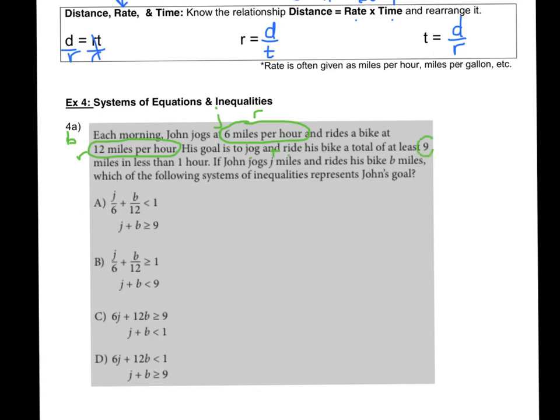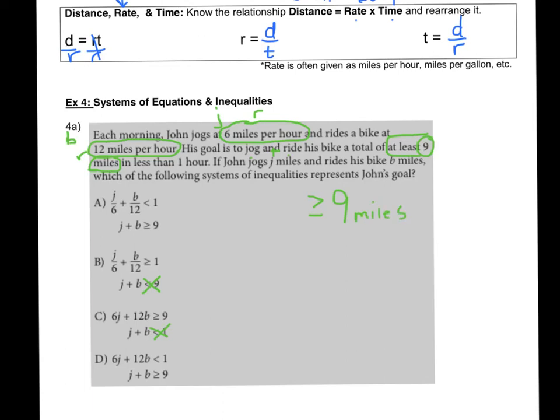So 9 miles is how far he wants to jog and ride his bike. He doesn't want to go exactly 9 miles. He wants to go at least 9 miles. So we're going to have something being greater than or equal to 9. All right. So just by looking at that, we can already get rid of choice B and choice C.